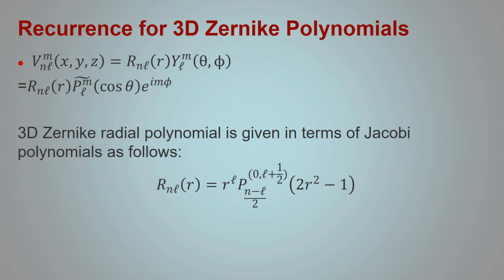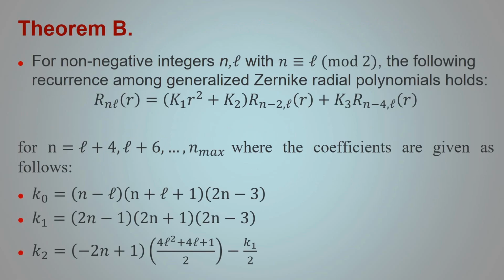So the radial polynomial can be expressed in terms of Jacobi polynomials as follows. So we can prove theorem B, which gives an algorithm to compute the radial polynomial.